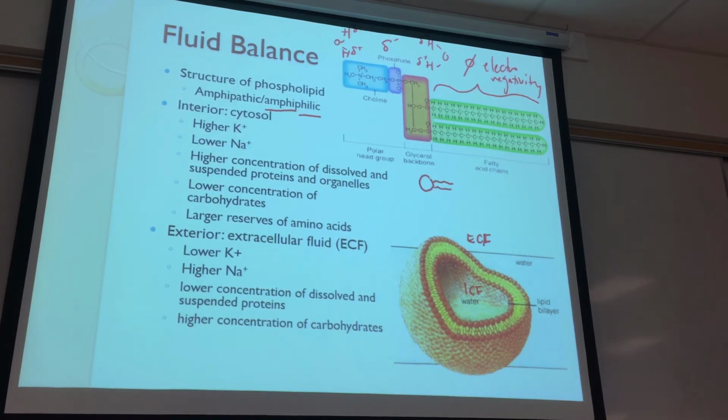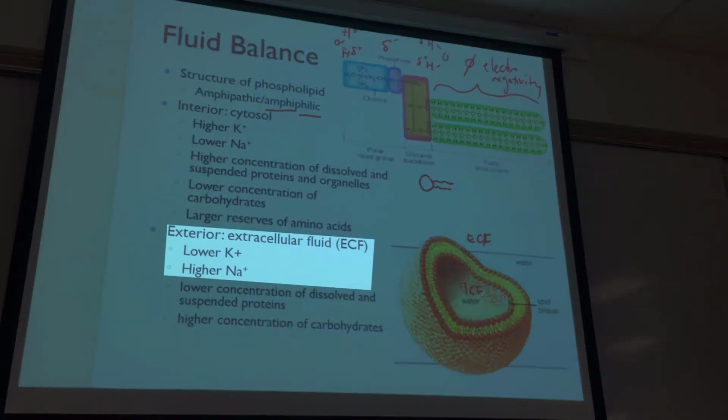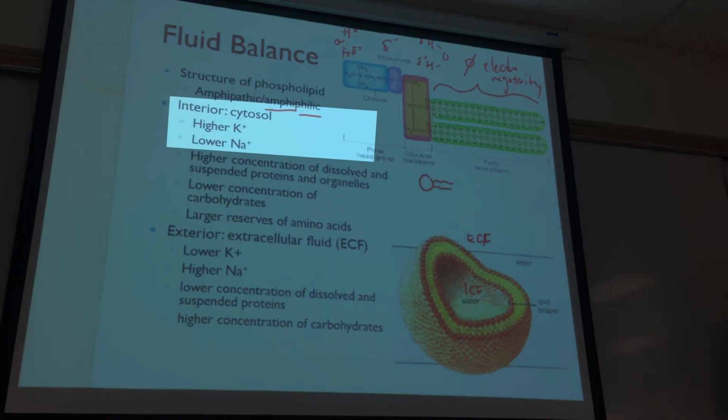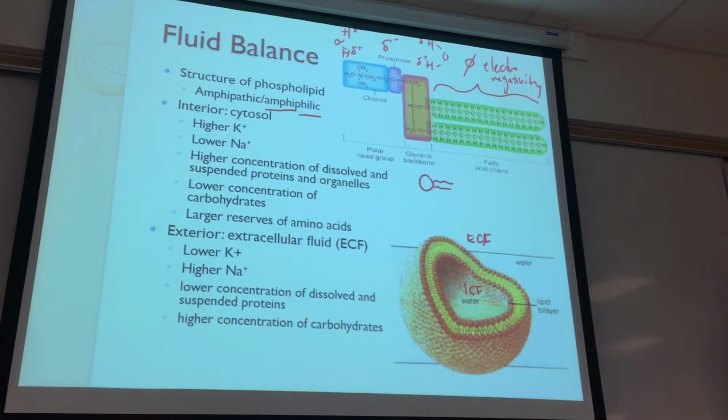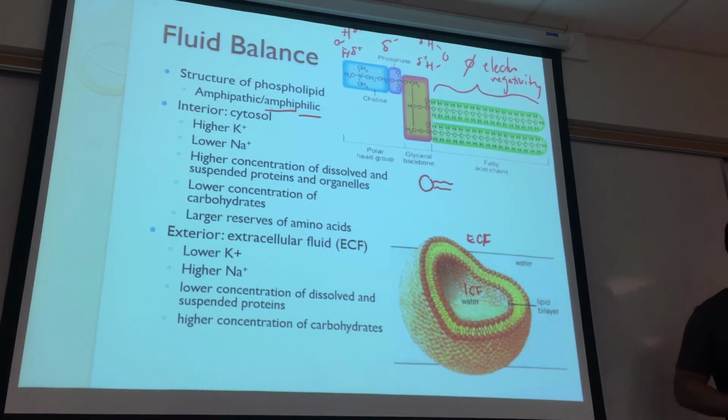But the real main things that I'd like you to be familiar with are the concentrations of potassium and sodium on the outside versus the inside. This is also going to be a contributor to what we're going to be talking about in our neurophysiology lecture. So these are the fundamental differences between these two. You can start to see that this is the beginning of homeostasis.